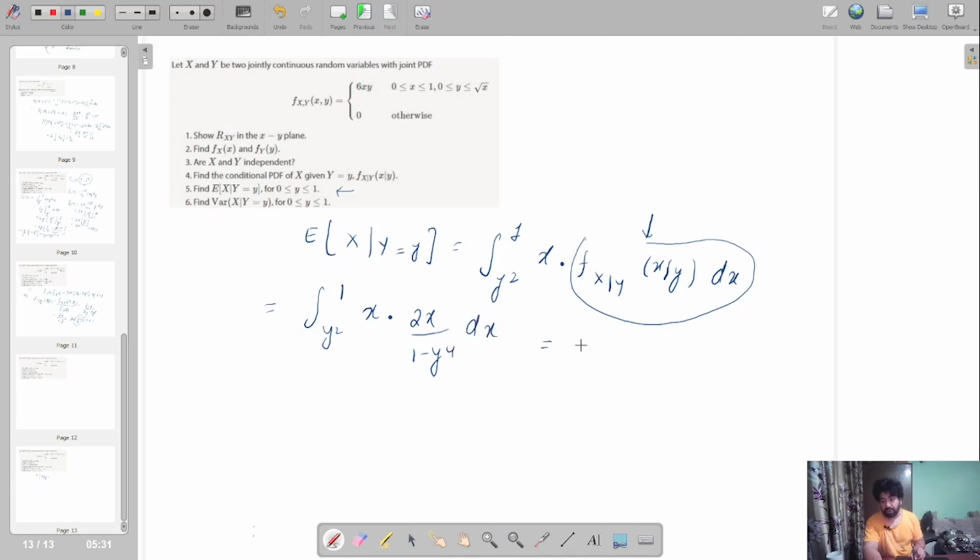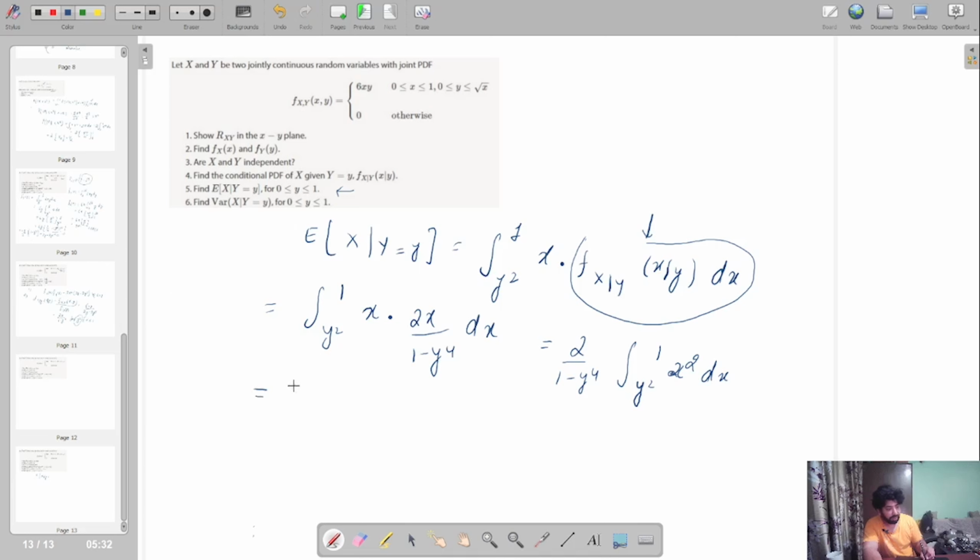Now I can take 2/(1 minus y^4) outside, and write the integral from y² to 1 of x² dx. Now we have to solve this.